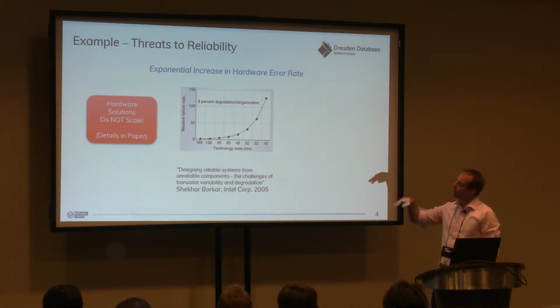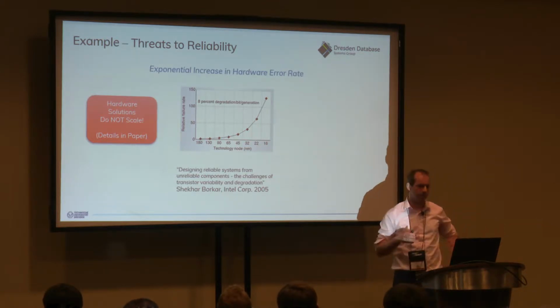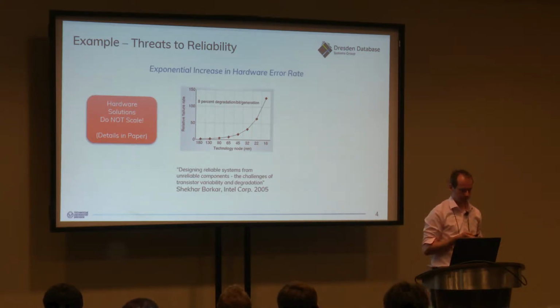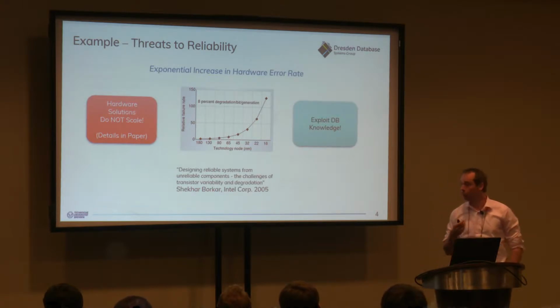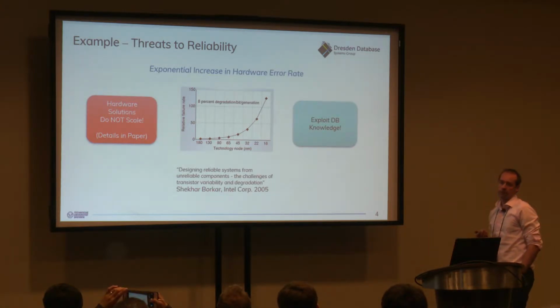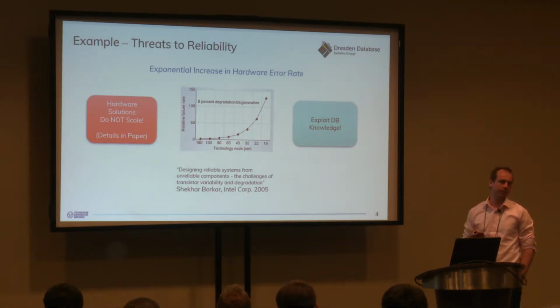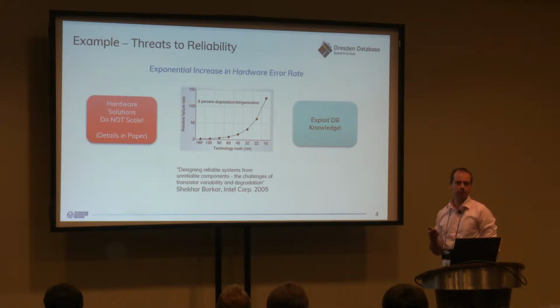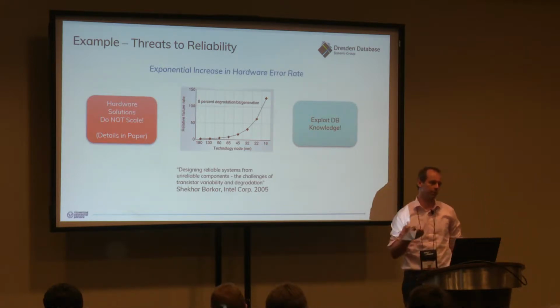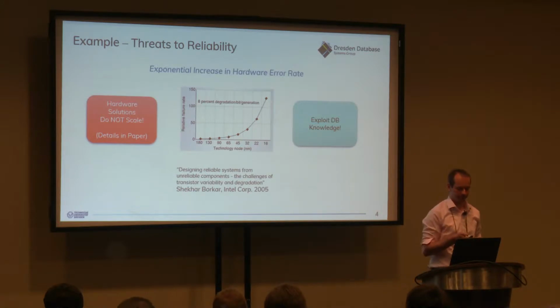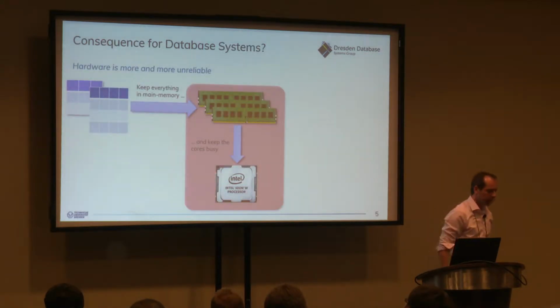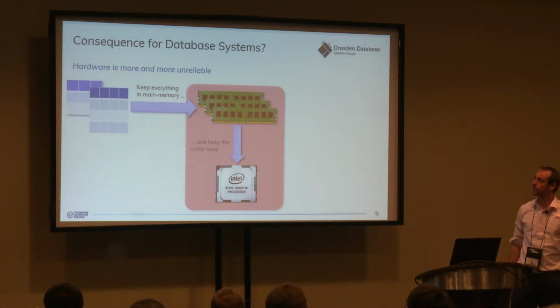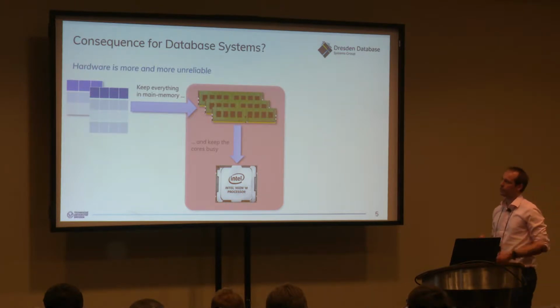We cannot make the hardware detect all those errors. But we have the benefit that we have a lot of knowledge in our database, right? We know the data, we know the data distributions, and we know all the algorithms which work on our data.